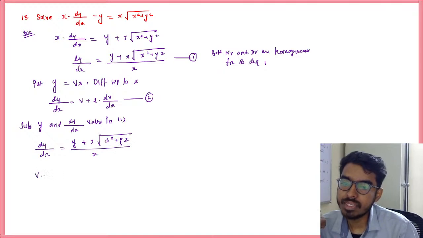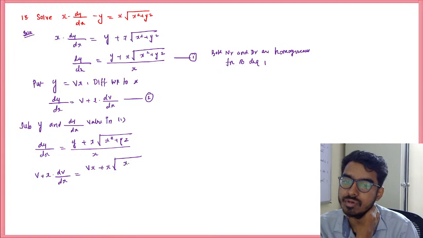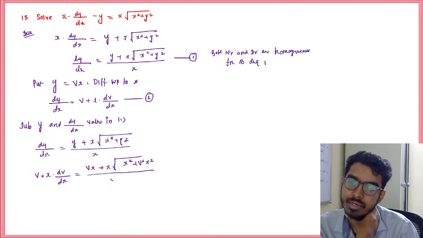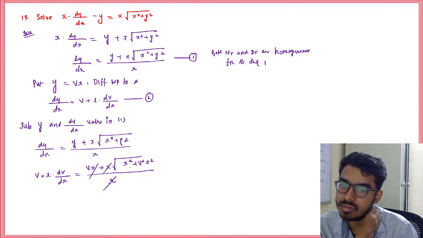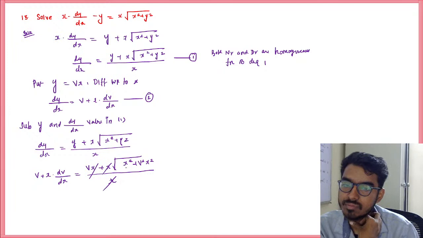What is dy by dx? It is v plus x into dv by dx. So y is vx into root of x square plus v square x square divided by x. This x will get cancelled, right?